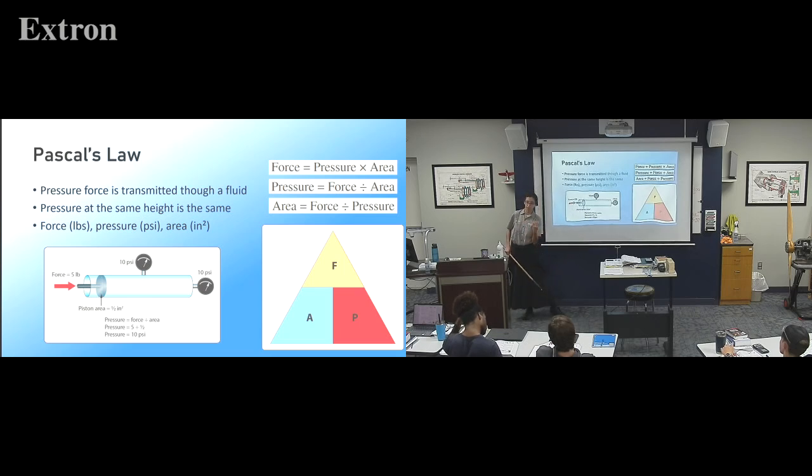Or, because good old algebra always works, pressure will equal the force divided by the area, or area will equal our force divided by pressure.